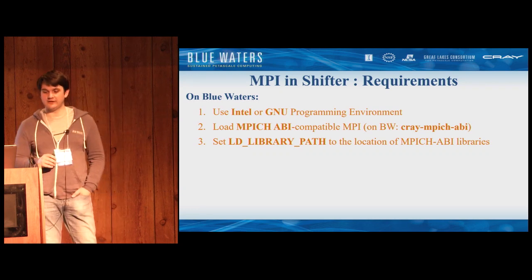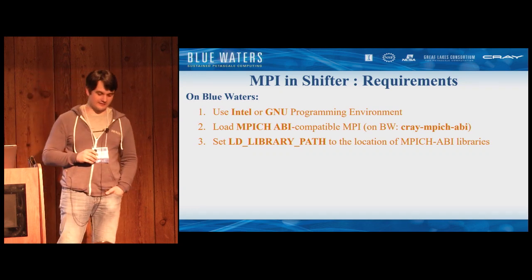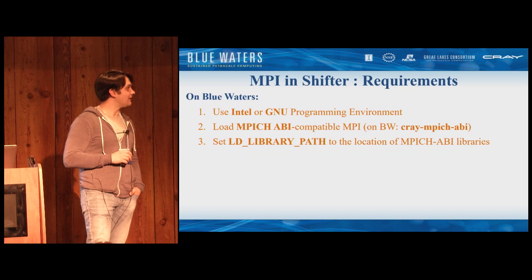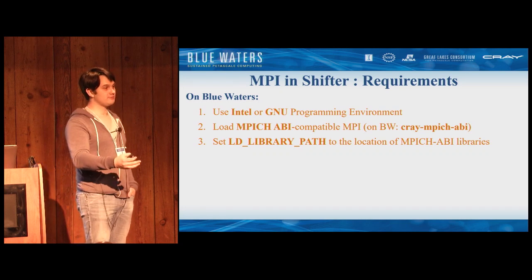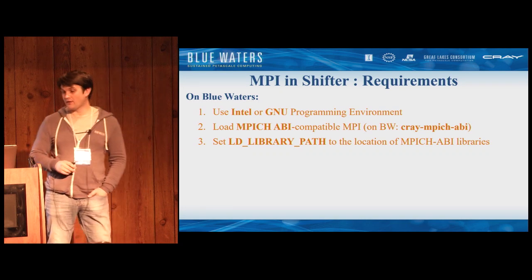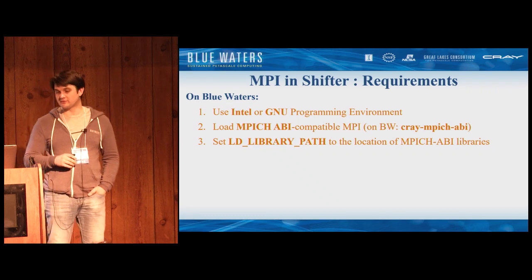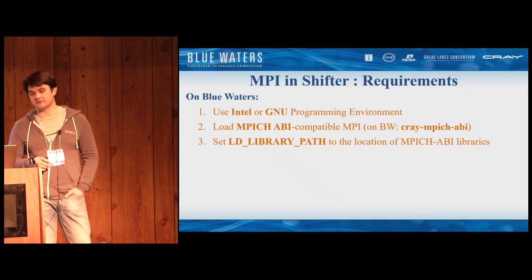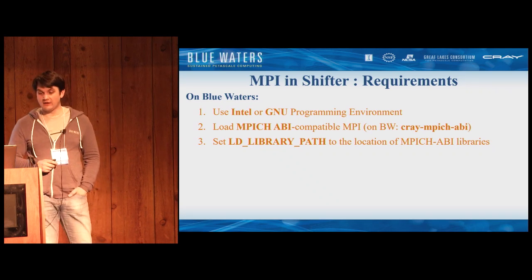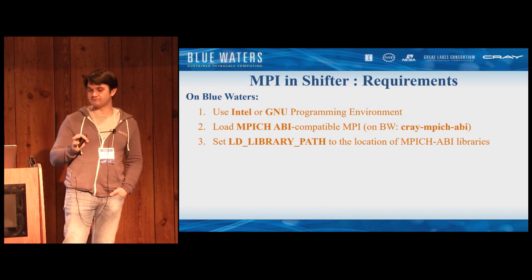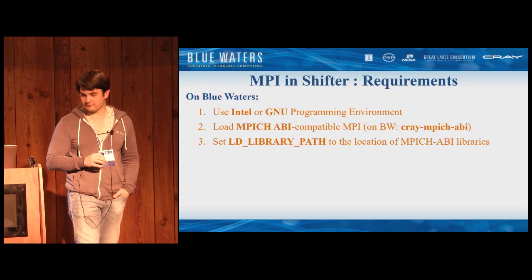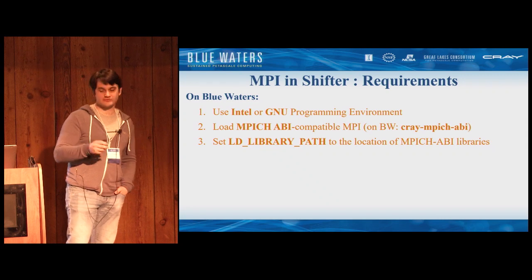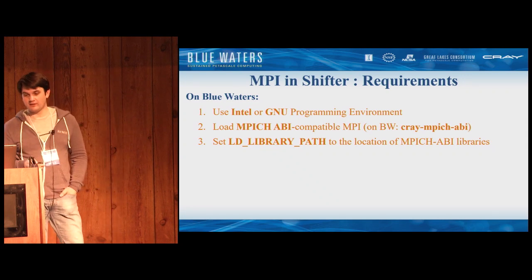The second one is that we have to, again, have an MPICH ABI compatible implementation on Blue Waters loaded, because it is already installed in the form of a module. And finally, we have to do some small trick with the LD_LIBRARY_PATH that I will describe in 2 slides.